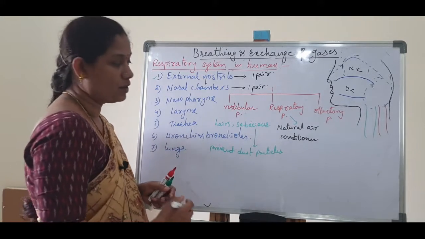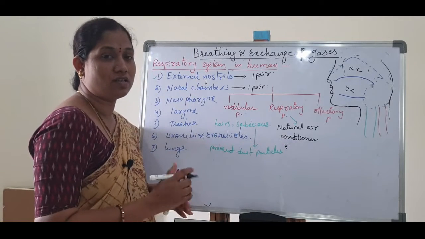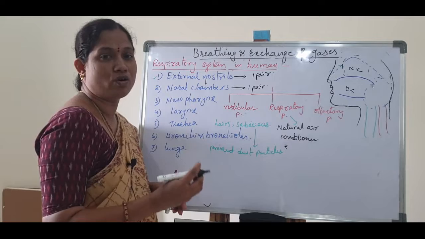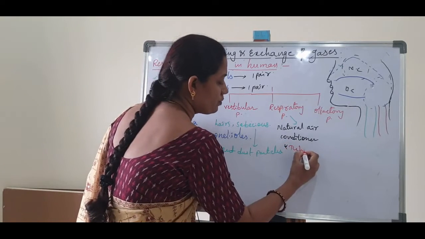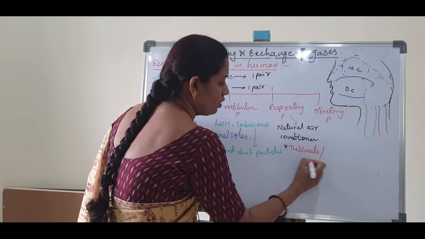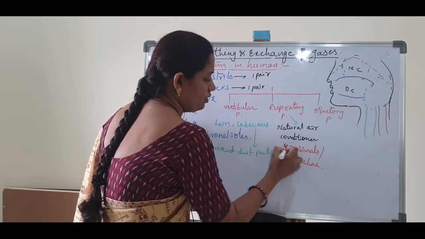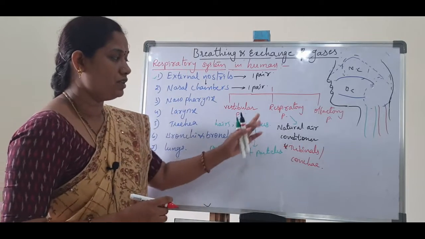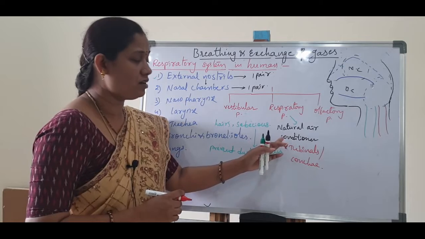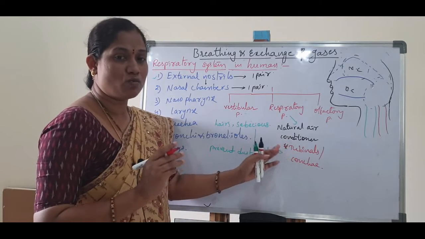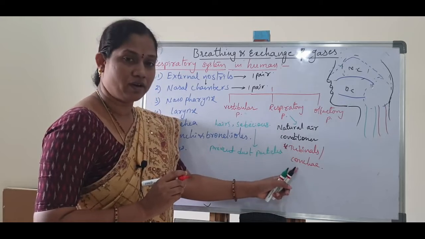Also, in this region three small twisted or coiled bones are present. These bones are called turbinals or conchae.